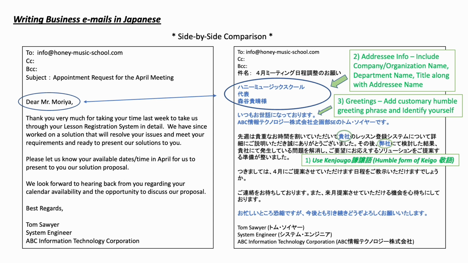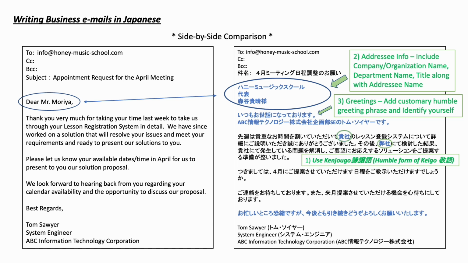Also, the use of kenjōgo terminology such as kisha, onsha, and heisha, as well as using itadaite, sasete itadakimasu, shite orimasu, is unique to the Japanese version.